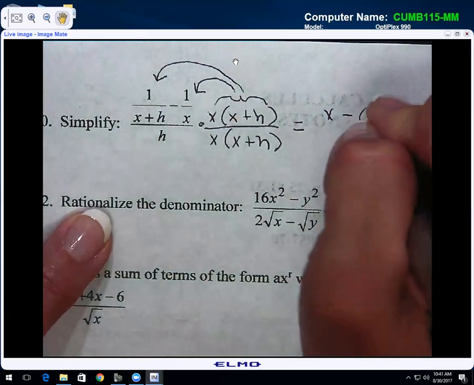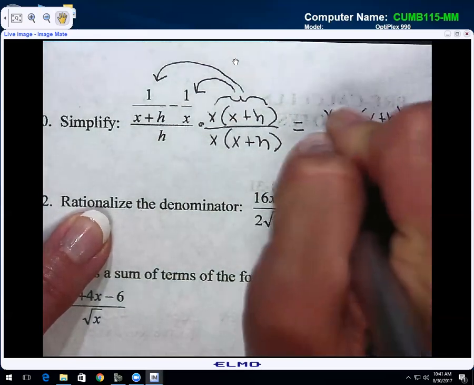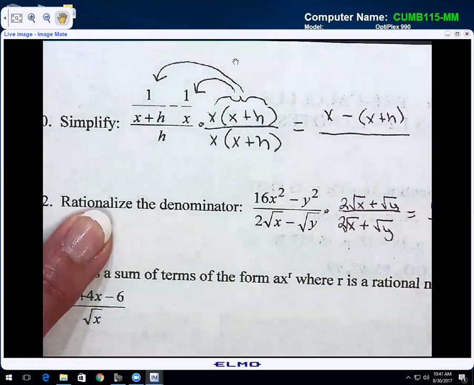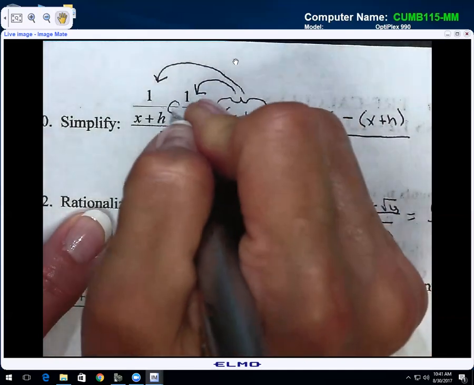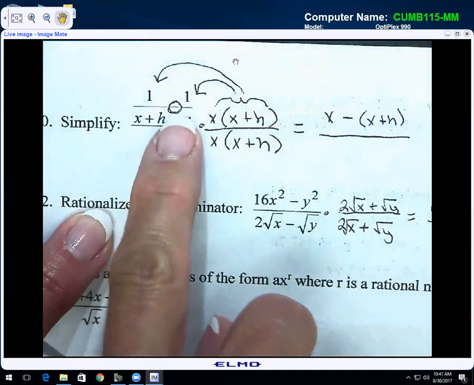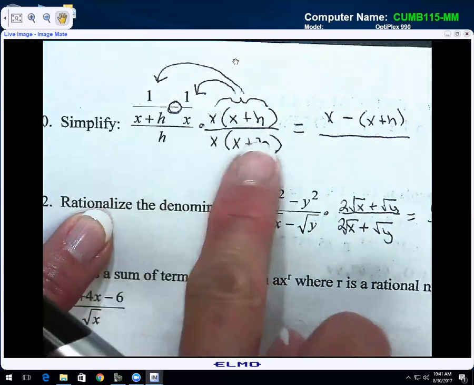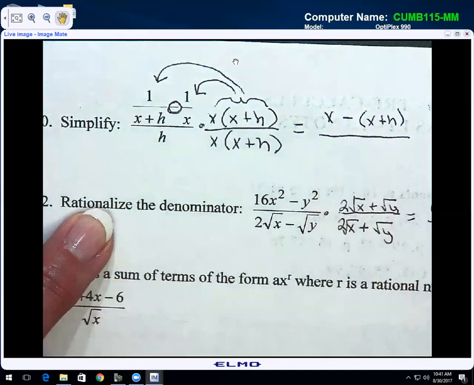The X plus H. And notice that I had to keep the X plus H in parentheses, because in a minute I'm going to have to distribute that negative completely, so I have it in parentheses for the time being.